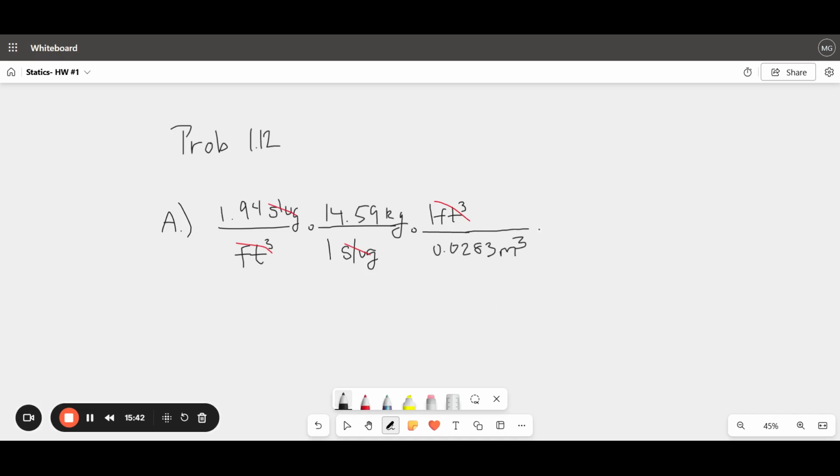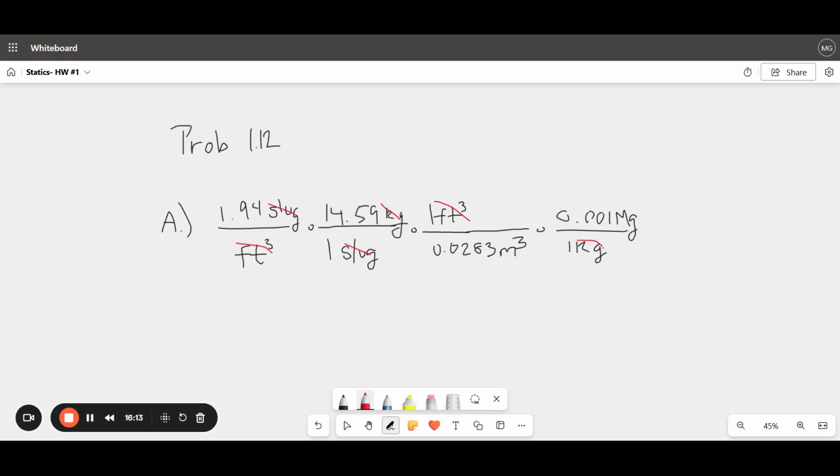And now we just have one more conversion. And that's going to be 1 kilogram over 0.001 megagrams. And that is going to cancel out our kilograms.